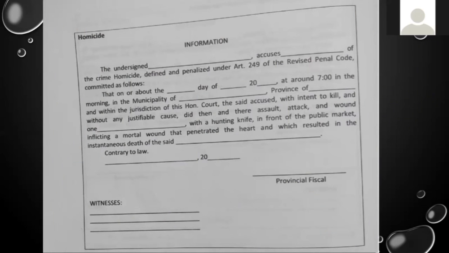Tapos lalagay nyo rin po yung about, around of 7 p.m. Ilalagay nyo po yung kunyari, date, June 29, at 8 o'clock, around of, municipal of, lalagay nyo po yung kunyari, San Jose. Sa San Jose po, province of will be adjustment the court.